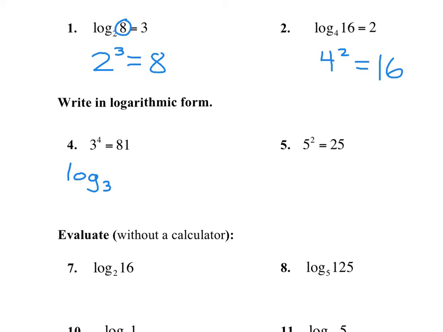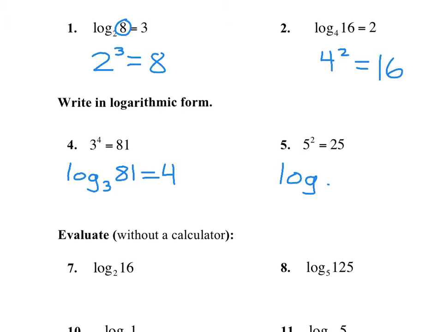Then the next two numbers kind of trade sides. 81 goes next to the base, and the exponent goes on the other side because a log is always asking what is the exponent. So the exponent that turns 3 into 81 is 4.